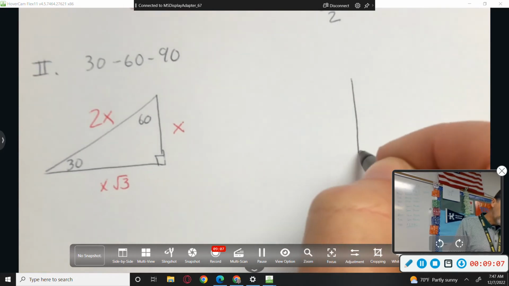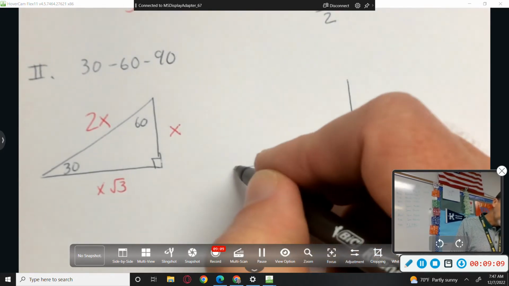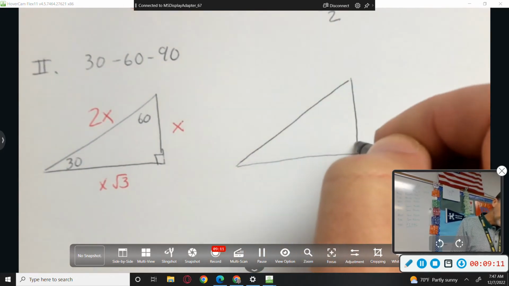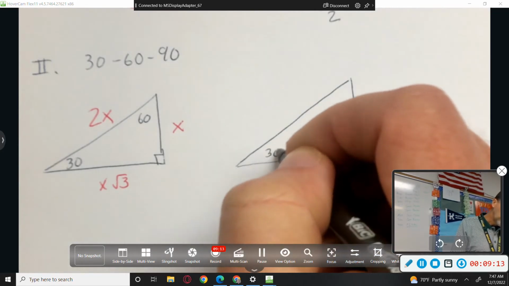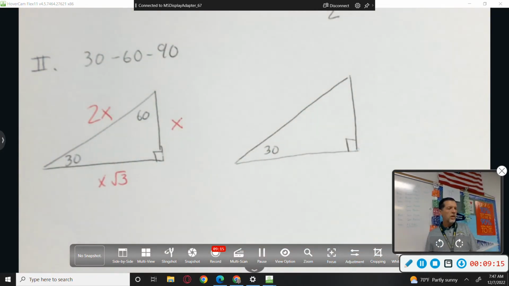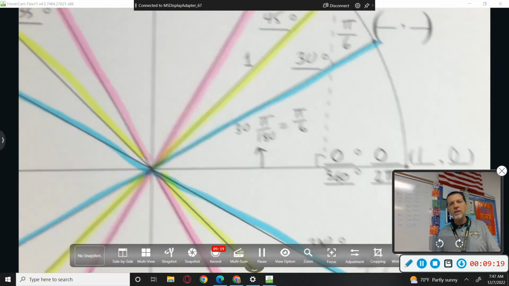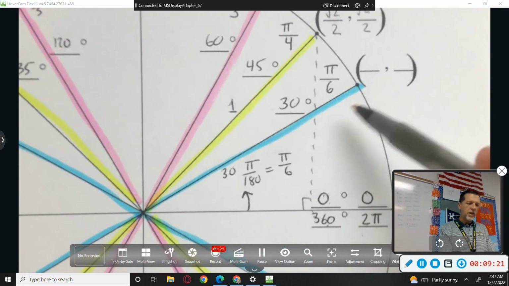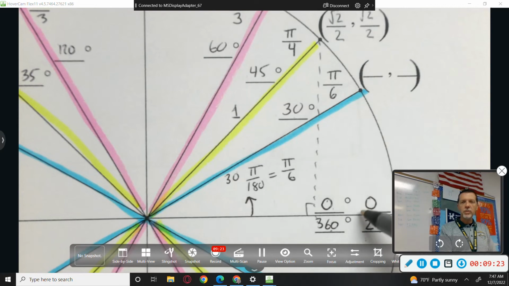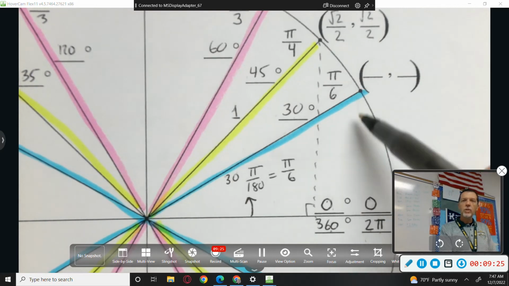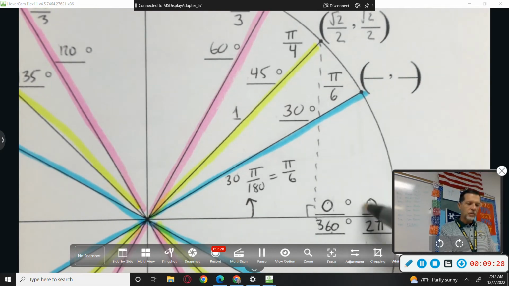So let's just jump to the case that matters here. If we're thinking about the unit circle, which side length am I going to label and what's it going to be? If I'm peeking over here and I'm thinking about this blue triangle, what do I know about the blue triangle? What side length do I know?